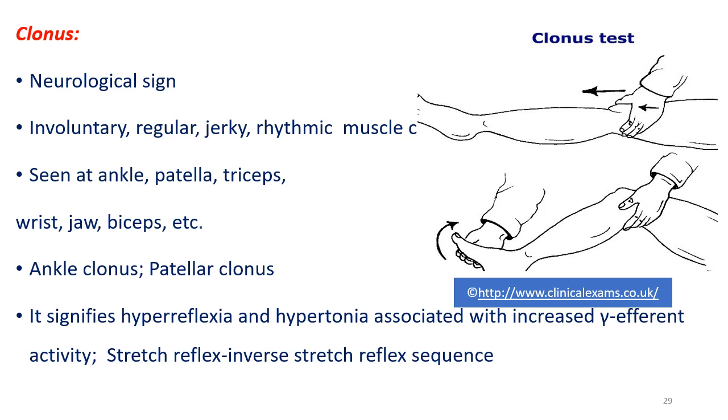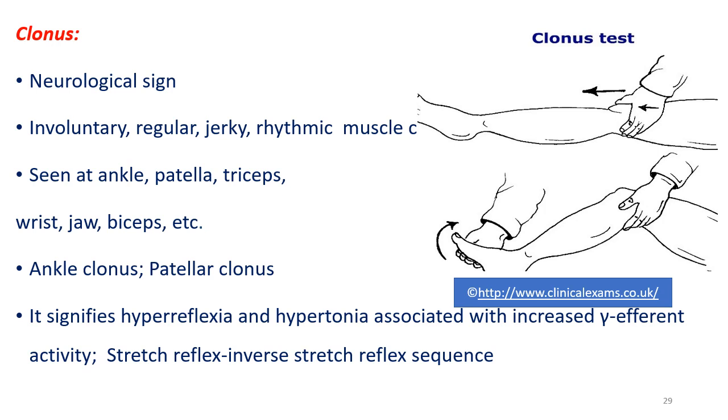Because in normal circumstances, the lower motor neurons are kept inhibited by the upper motor neurons via the interneurons. The upper motor neurons send impulses to the interneurons, and the interneurons partially inhibit the lower motor neurons.